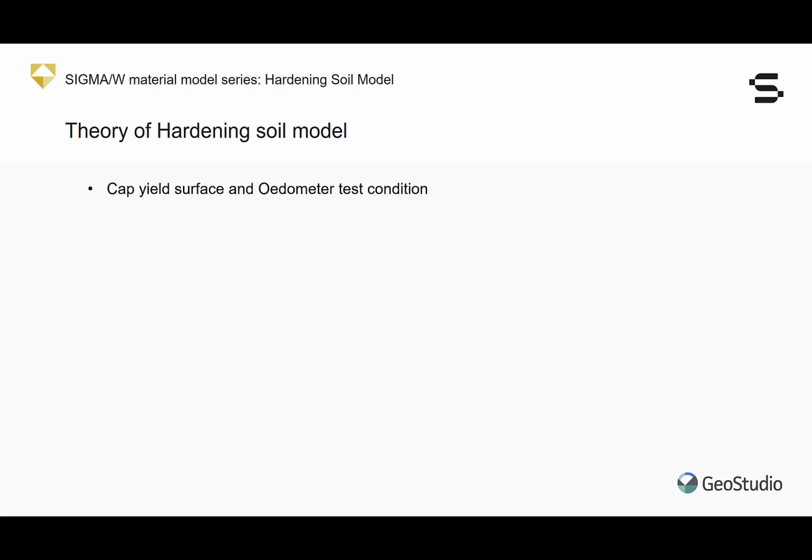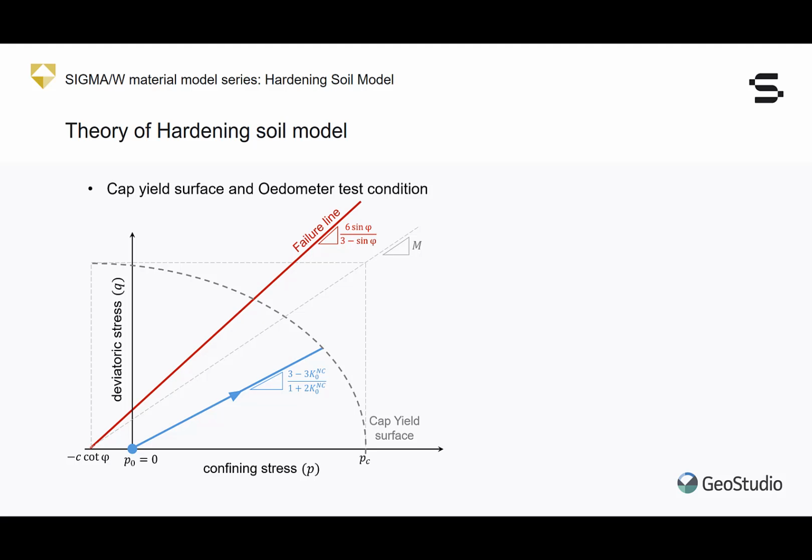In order to have a closed yield surface, a cap function is defined in the hardening soil model. This cap has an elliptical shape with an aspect ratio of m, or the Greek letter mu. In the PQ stress space, the stress state of any normally consolidated sample is located on the cap.